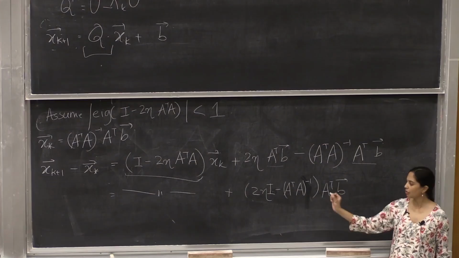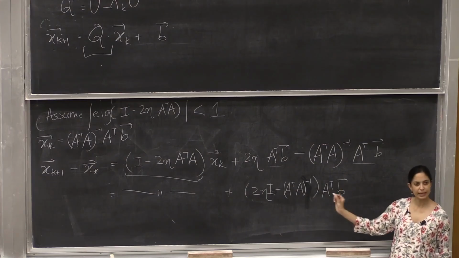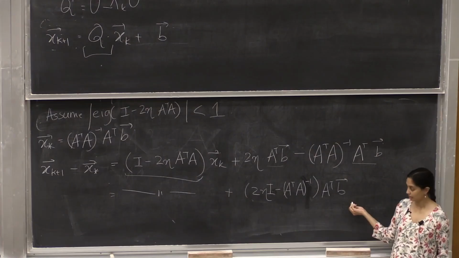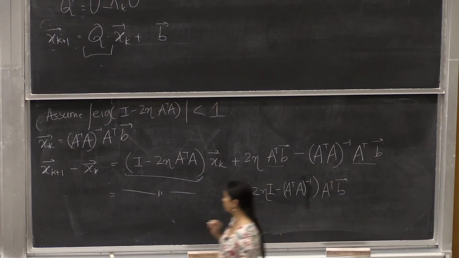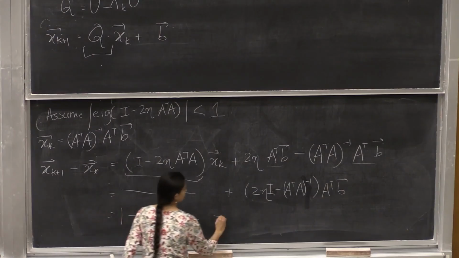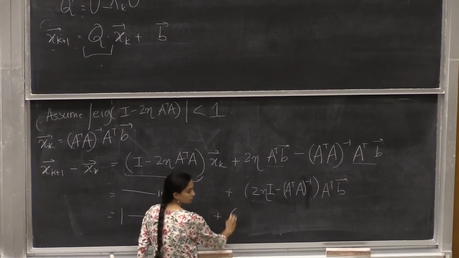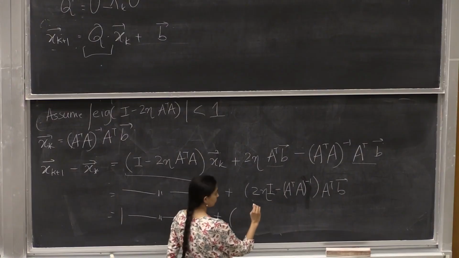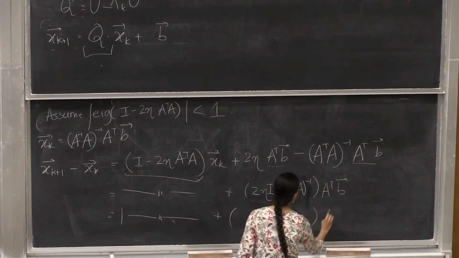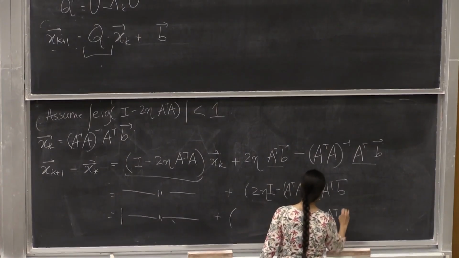So can I somehow manipulate this thing? Is there something else that I might want to pull out? You factor out A transpose A inverse to get the same thing that you have on the left-hand side. Can I factor this out? Okay, great. So what do I do? I want to get out A transpose A inverse.